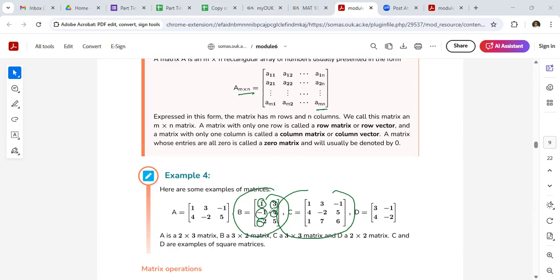A11 is 1. If I take B and I want to compare with the general representation of a matrix, then in this case I can say B11 is 1, B12 is 3, because I know B11 is the first element in the first row and first column of the matrix, B12 the first element in the first row and second column, and so on.